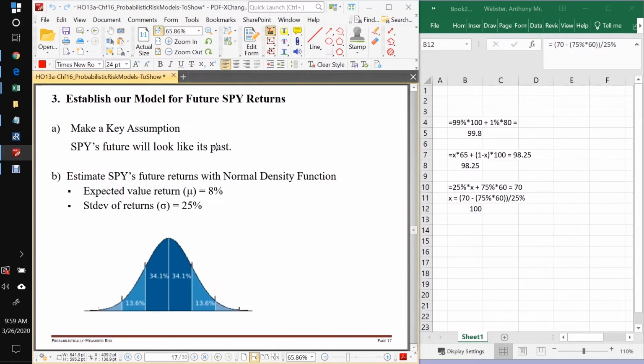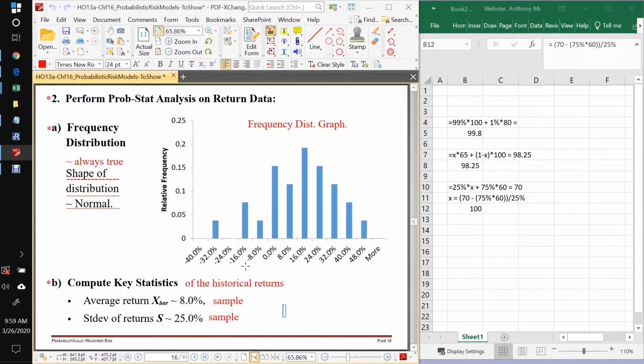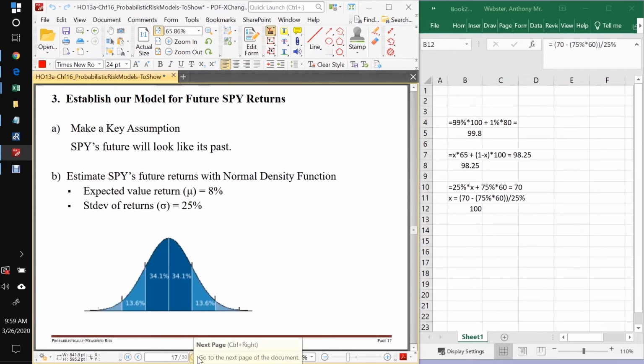So that's step two. We have a pretty good feel now statistically and probabilistically for what happened in the past. We can say the annual returns historically of the S&P 500 tend to look normally distributed, and they had an average annual return of 8%, a standard deviation of returns of about 25%.